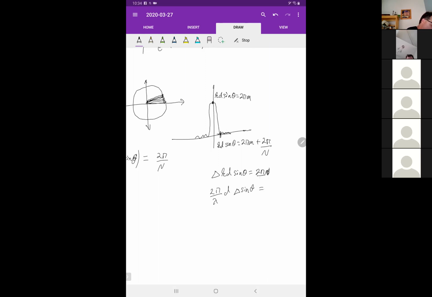Oops, that should be 2 pi over n, my bad. So cancel, cancel. So delta sine theta is lambda over nd. Any questions on that concept? Anyone?